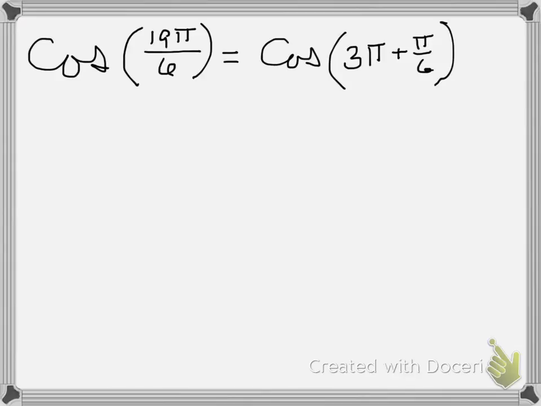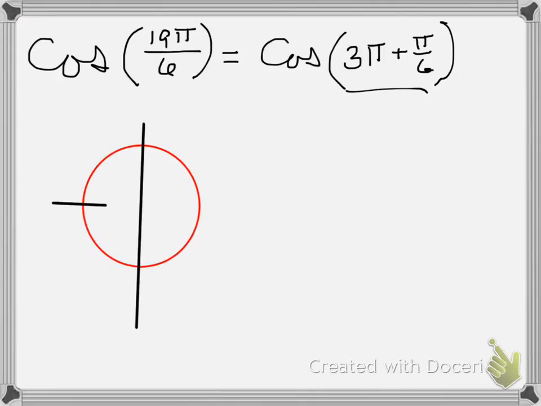I add those things together with a common denominator, and I get 19 pi over 6. So again, I think about the unit circle, and I'm going to go 1 pi, 2 pi, 3 pi, and then another pi over 6.